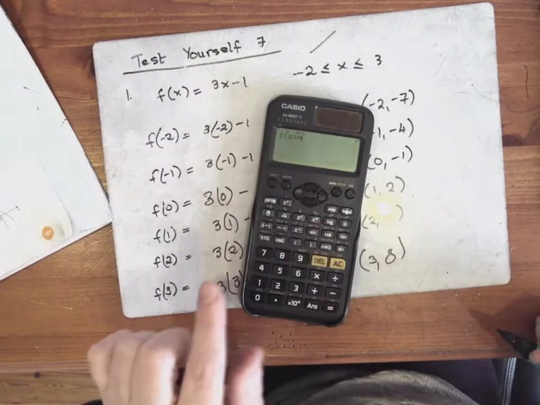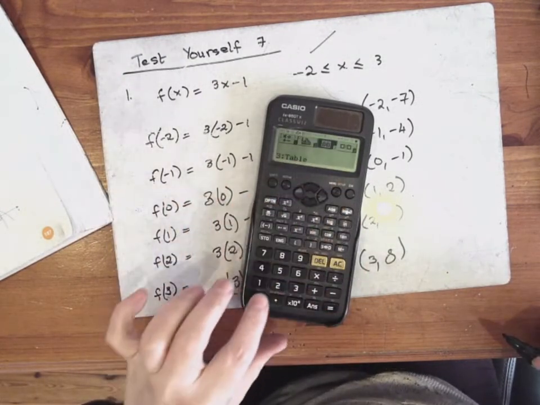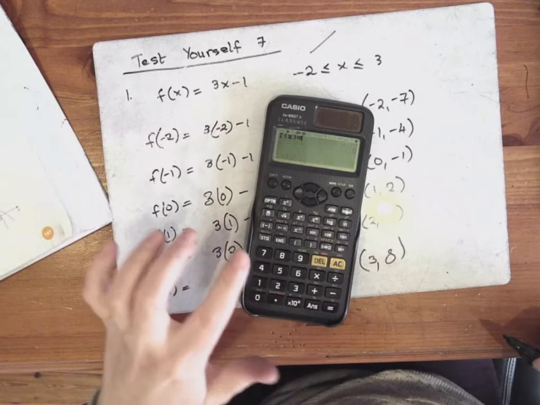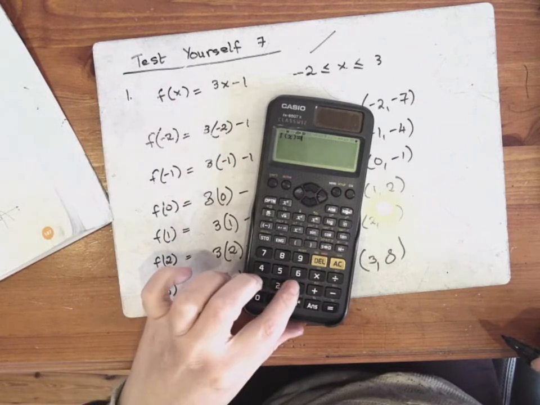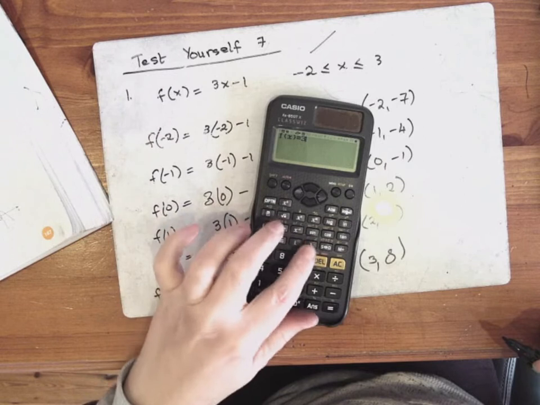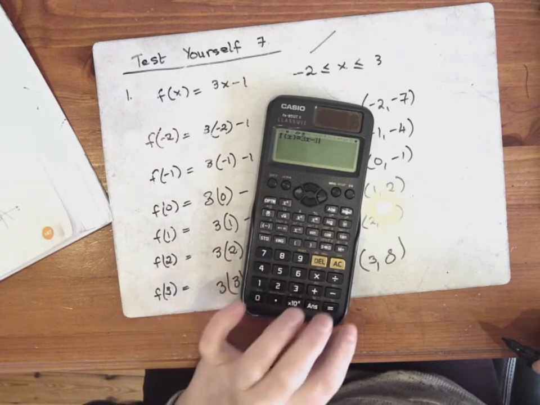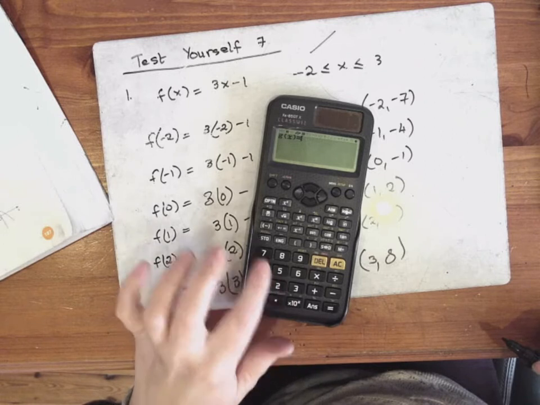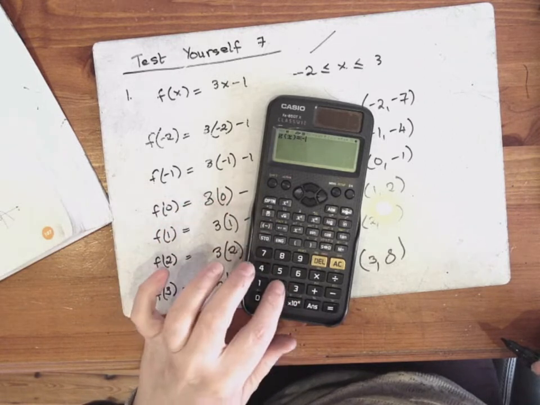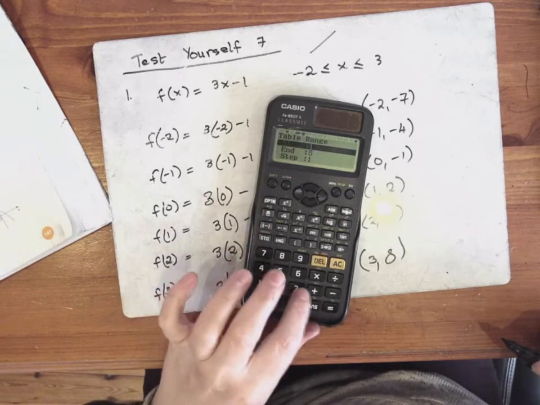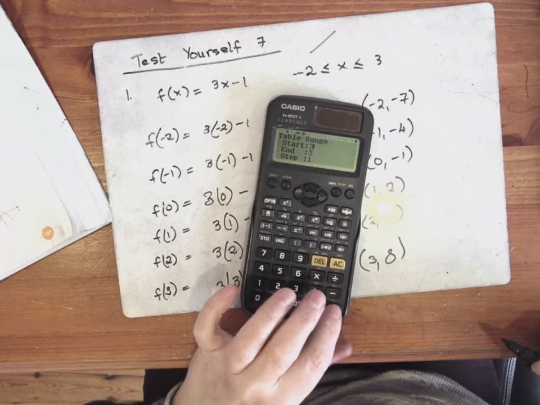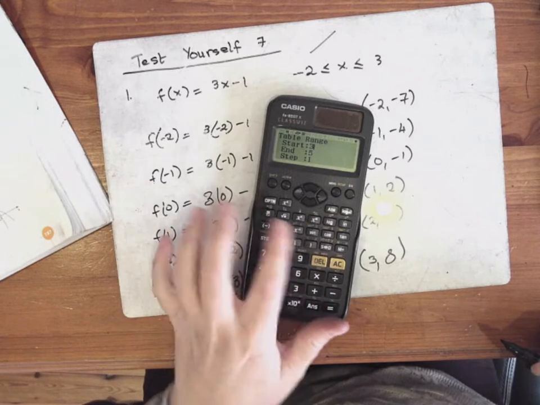On the calculator, you press mode number 3. You type in 3x minus 1, so 3 alpha and the close bracket gets you the x, and then you have a minus 1, equals, enter. Start at minus 2, finish at 3. Sorry, I'm after doing something wrong there.